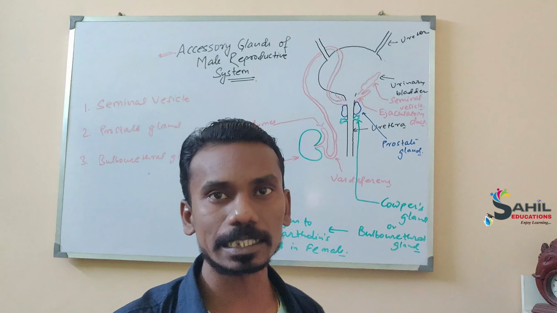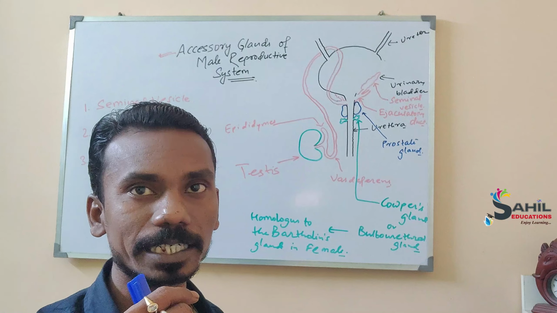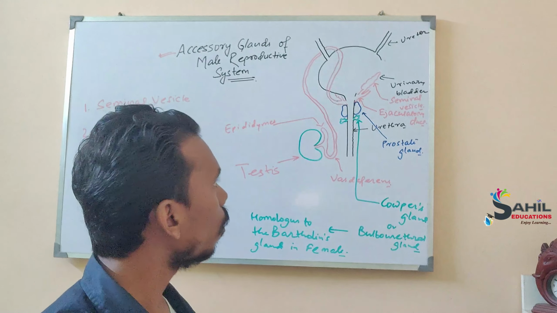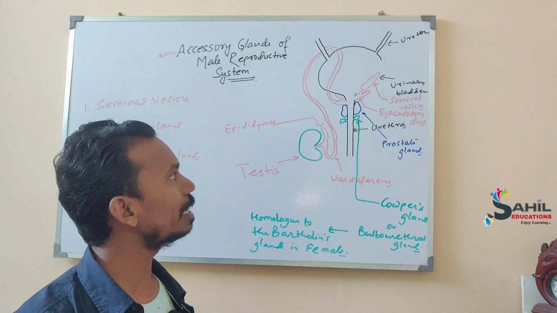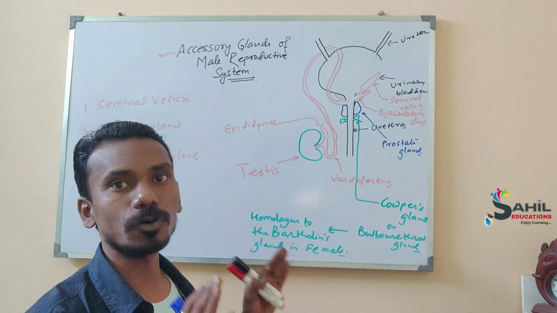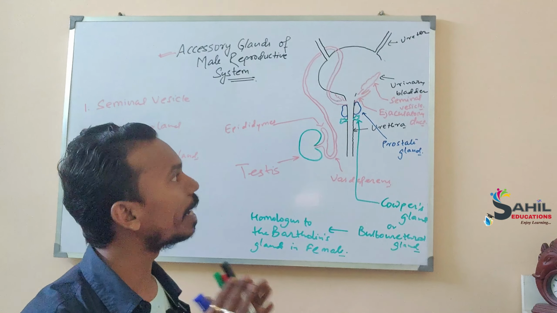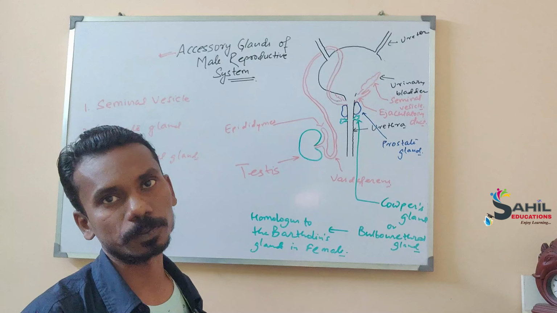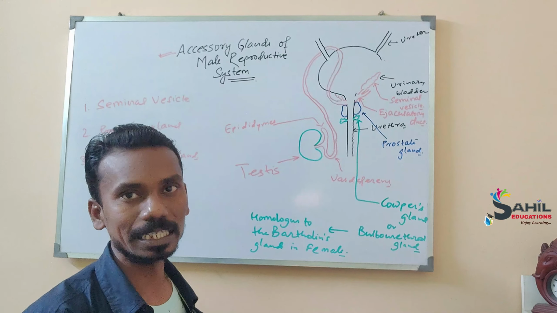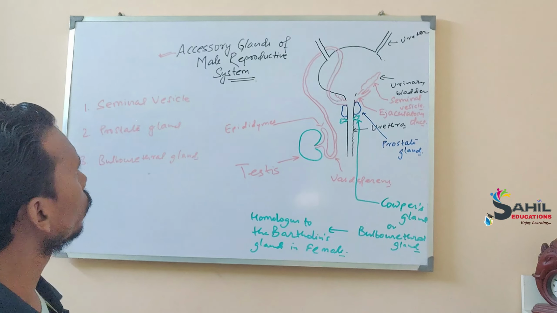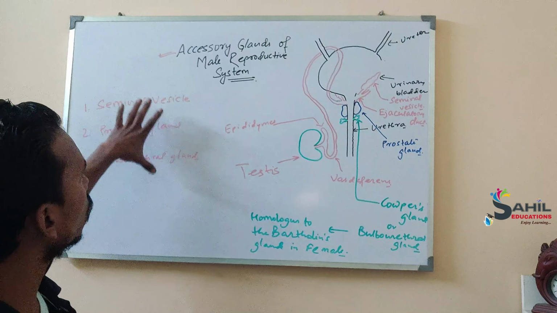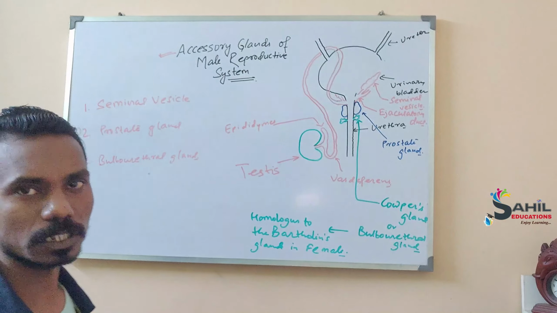It can maintain its health and its motility. All these accessory glands basically help the sperm to maintain all these things. Now we will look at the functions of these glands more specifically.